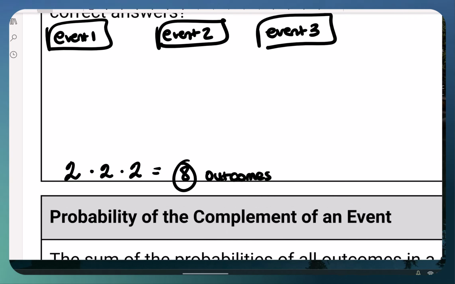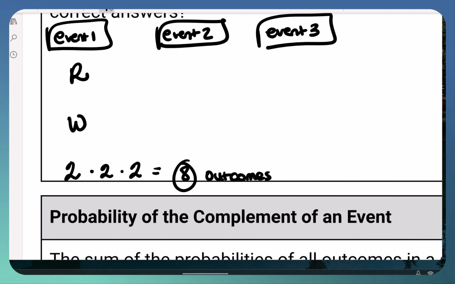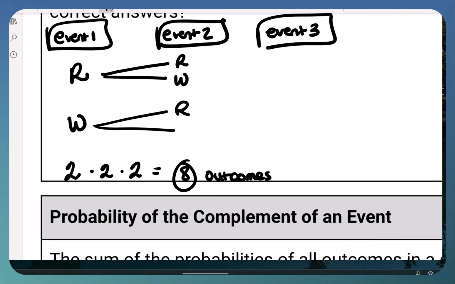So first question, it's either going to be right or wrong. So R for right, a correct guess, and W for a bad guess, which is wrong. So event 2, same, but we have to branch it out. Right and wrong, right and wrong.